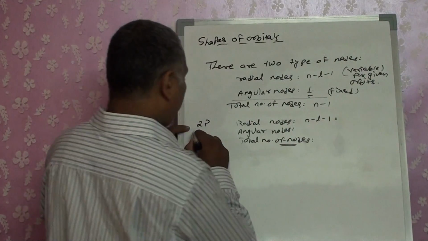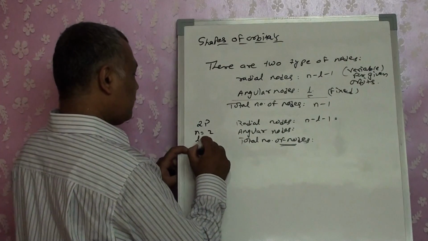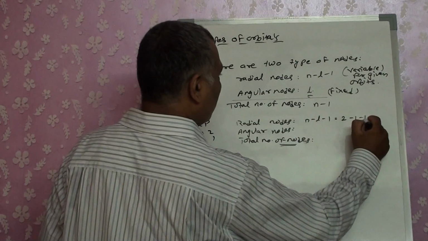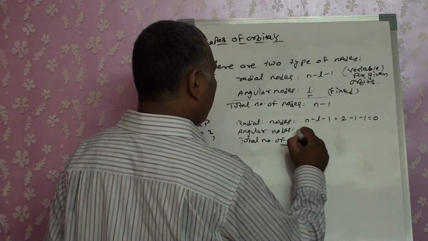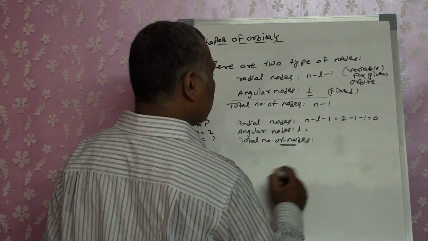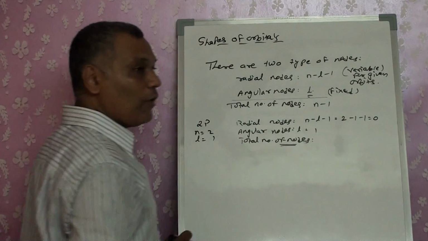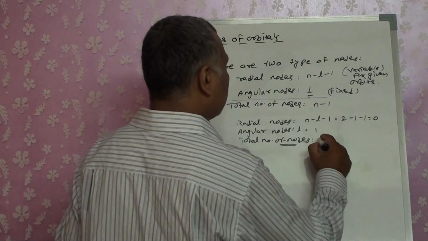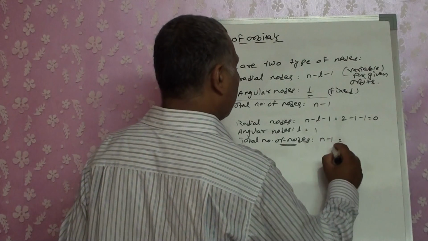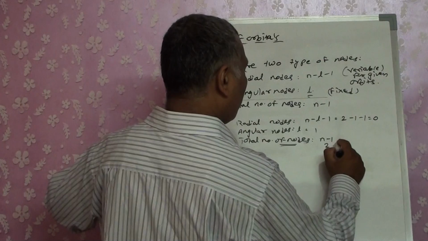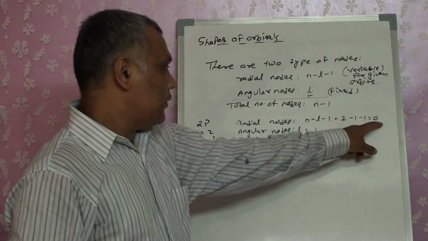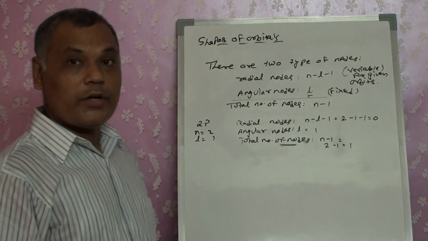Here n equals 2, l equals 1. So we get 2 minus 1 minus 1, which equals 0 radial nodes. While the angular node is l, that is 1 node. So the total number of nodes is n minus 1, that is 2 minus 1, which equals 1. 0 plus 1, we got 1.